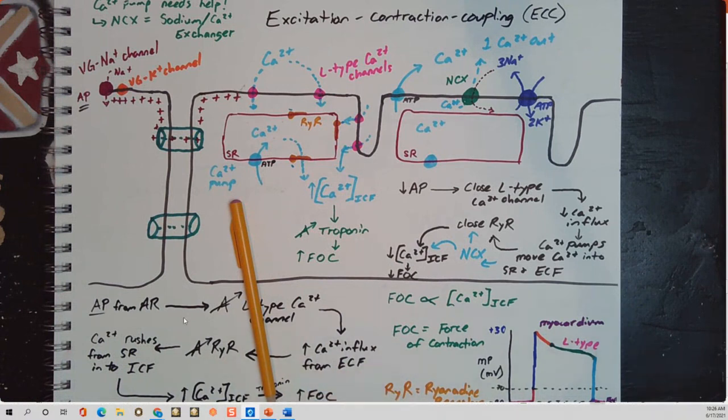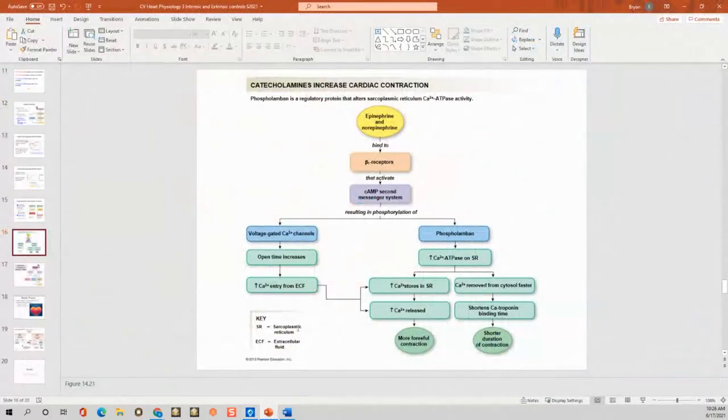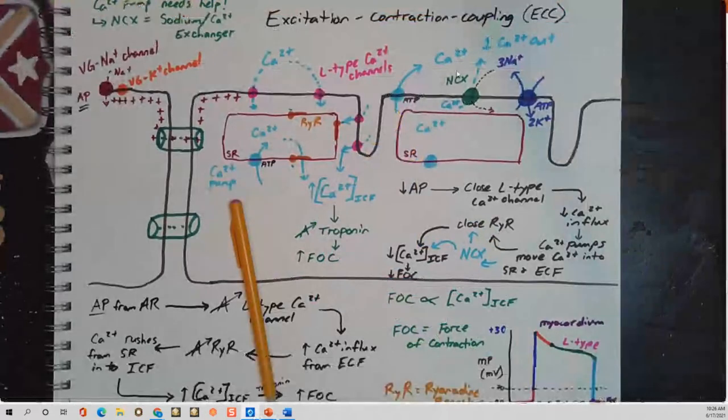Okay, so what is your guys' assignment? I want everybody not to draw this flow chart, but to understand this flow chart. In order to understand this flow chart right here, you're going to end up drawing a diagram. You're going to draw this diagram right here of a cardiomyocyte.